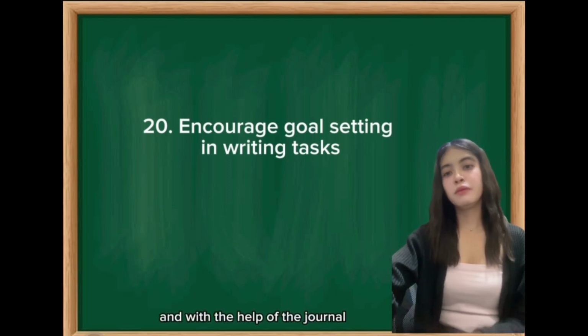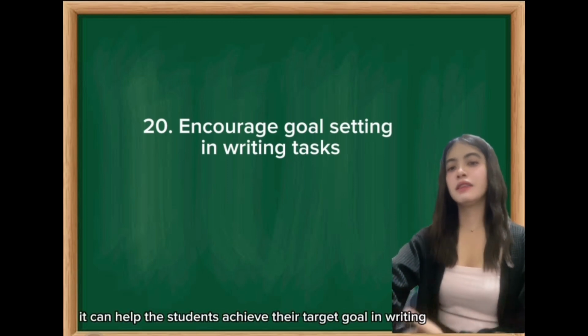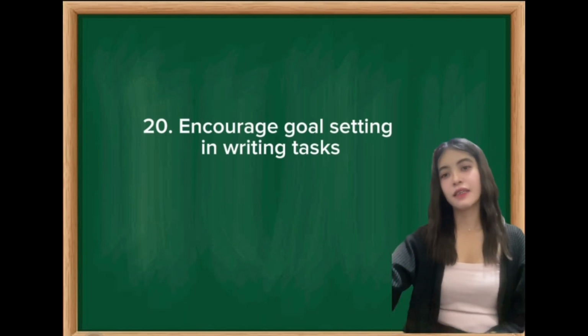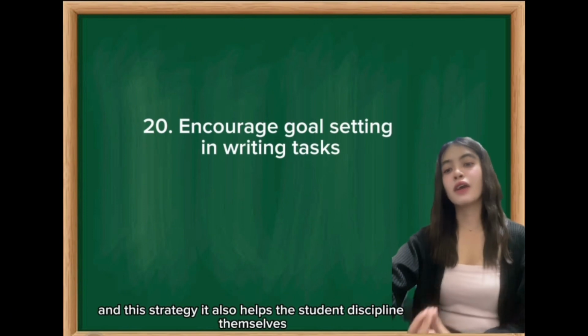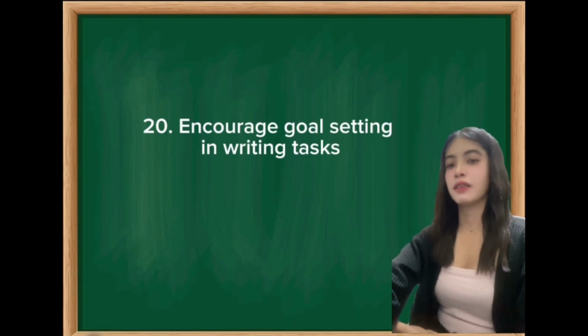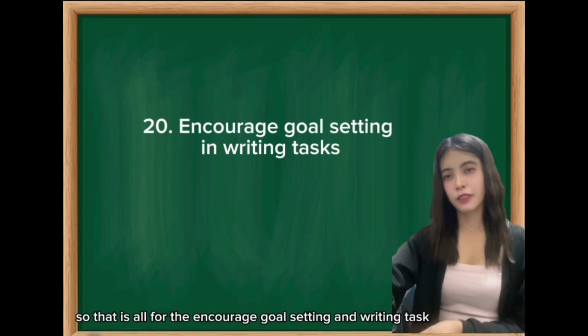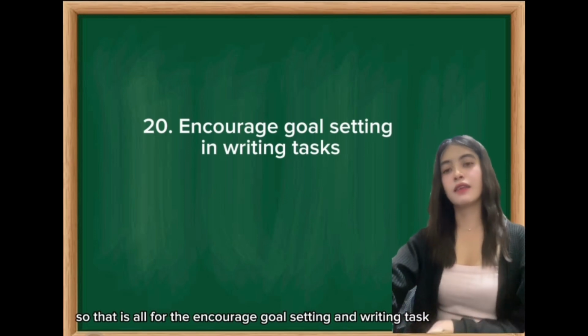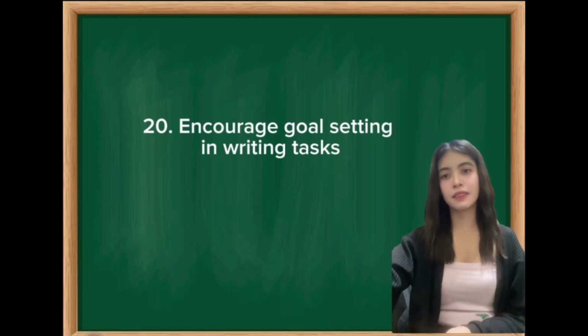And with the help of that journal, it can help the students achieve their target goal in writing. This strategy also helps the students discipline themselves. So that is all for encourage goal setting in writing tasks.